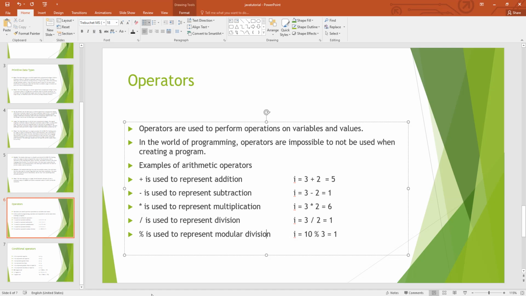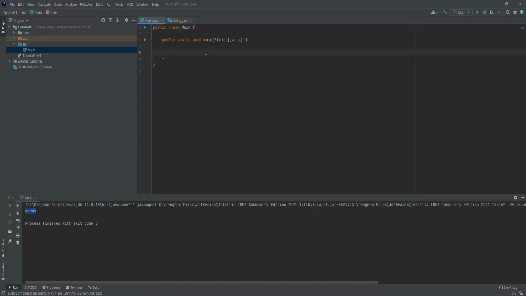Let me show you the examples through code. First we have our plus sign, which represents addition. Let me comment out this. Let me first create an integer with the value of 3 and another integer with the value of 2.